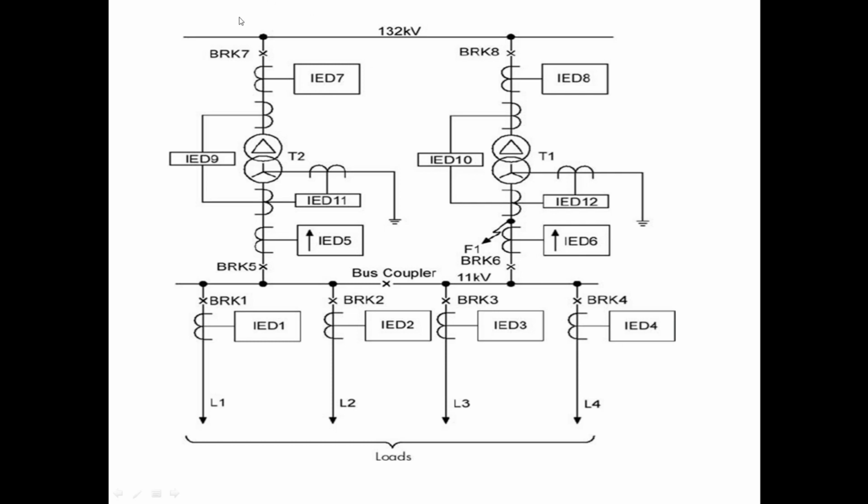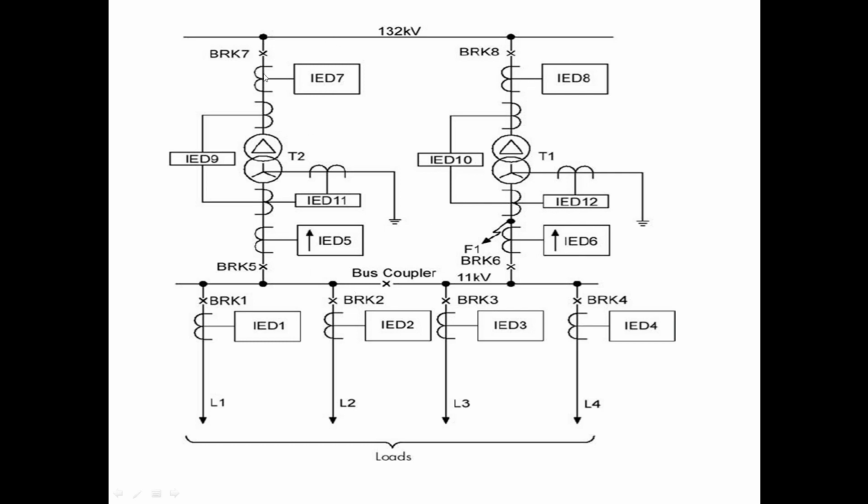We already have a lot of protection in both switchgears. In the 11 kV, this outgoing breaker is protected by the numerical relay IED7. This relay already has all the functions of overcurrent, earth fault, short circuit and under voltage; all protection functions are built in. Similarly, all the other relays have the same protection functions.